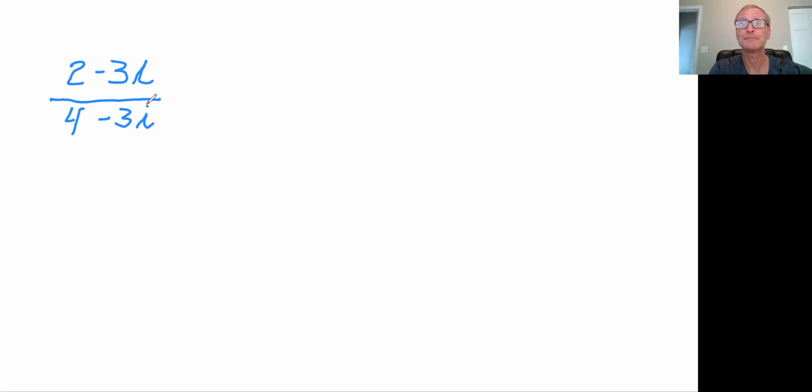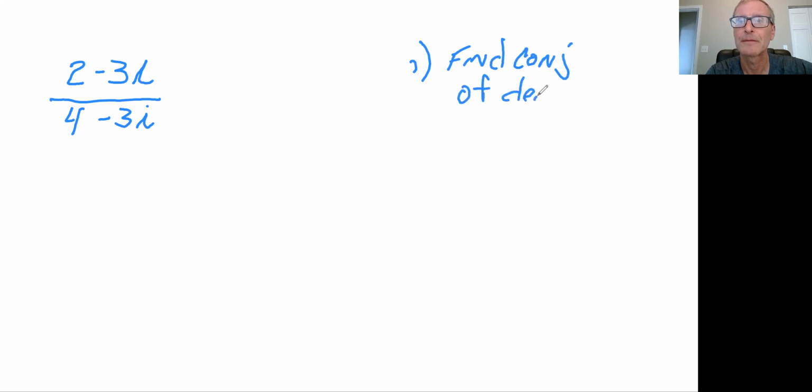So first step is you find the conjugate of the denominator. The conjugate of the denominator in this case would be 4 plus 3i.